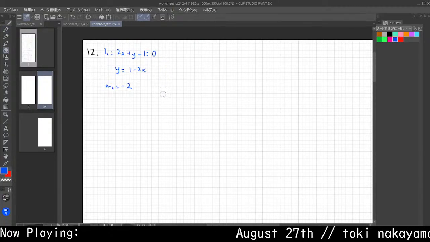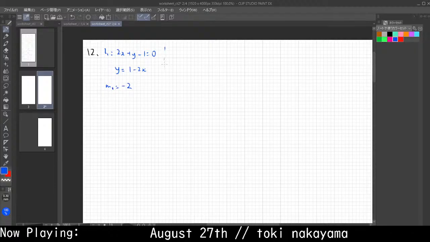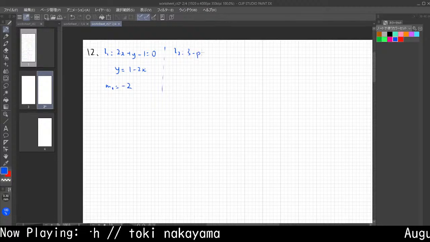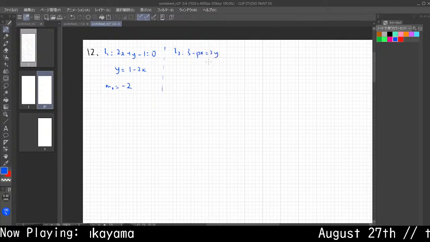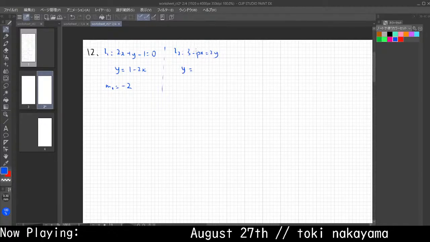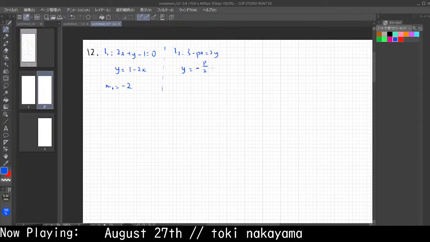Okay, I'll do it on two sides. This is how I do it in class. 3 minus px equals to 2y. This is literally y equals to mx plus c already. Just have to bring the 2 to divide, so you get minus p over 2.